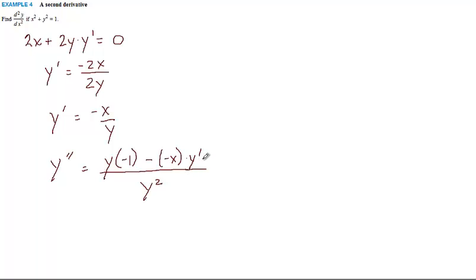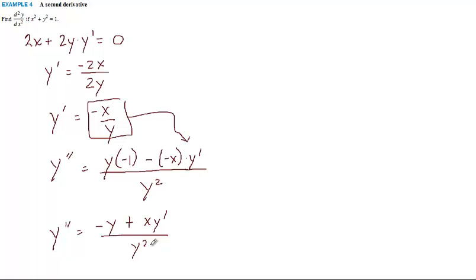I don't want a y prime in my y double prime, and I know that y prime is negative x over y, so I'll clean this up a little bit and then do a little substitution. Y double prime equals minus y, that's a plus x y prime, all over y squared. This is going to be negative y plus x times negative x over y, all over y squared.